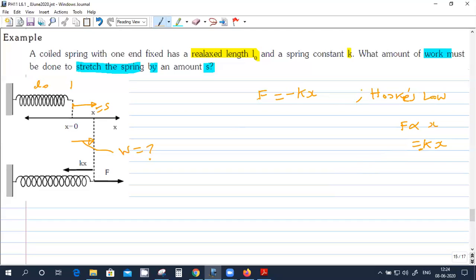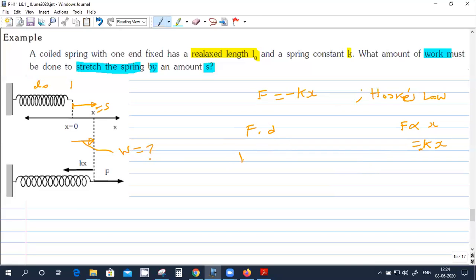So how do you find the work done? F dot displacement, right? Sir, is the work done minus kx square? The thing is, it's a non-uniform force, right? That formula is for a uniform force. Since the force is non-uniform, we have to integrate.